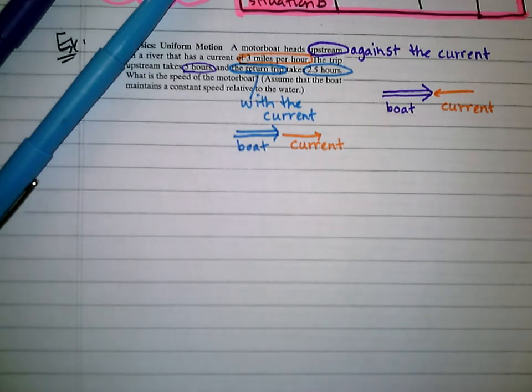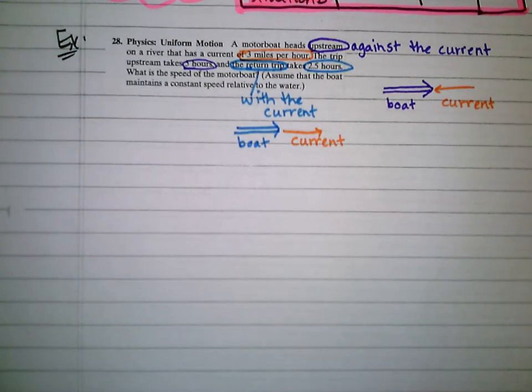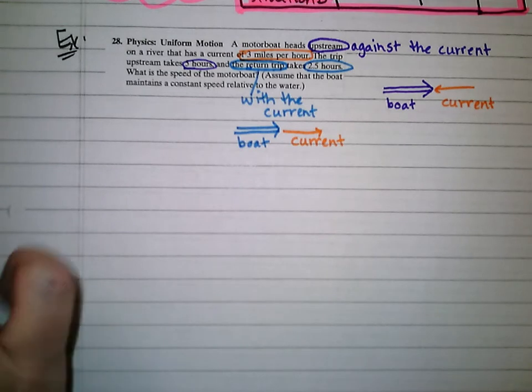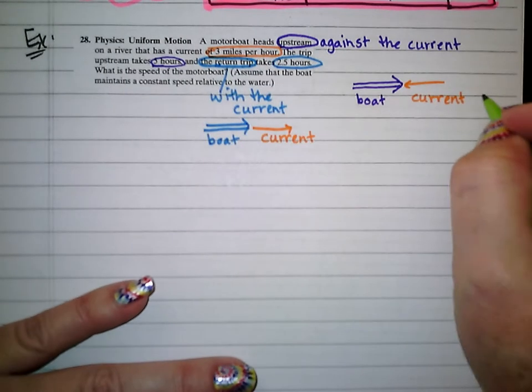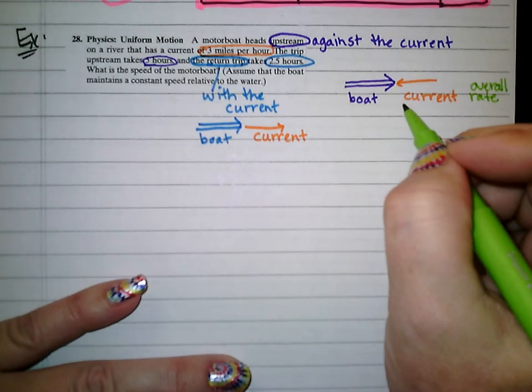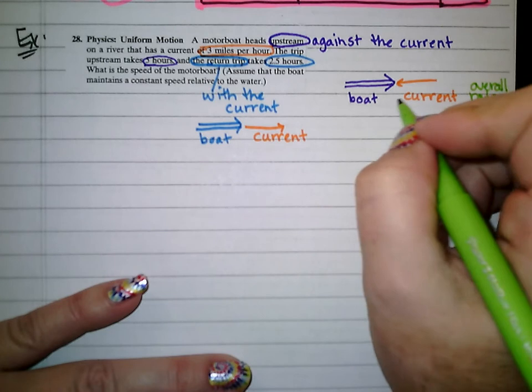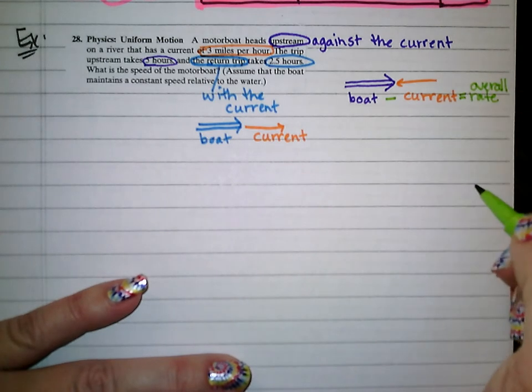So if you think about how fast the boat can travel overall, not just the boat itself, the overall rate that you're going to be going as you're sitting in the boat: when you're going against the current, you're going to take the boat's speed minus the speed of the current to get your overall speed.